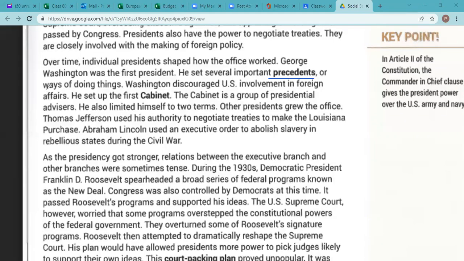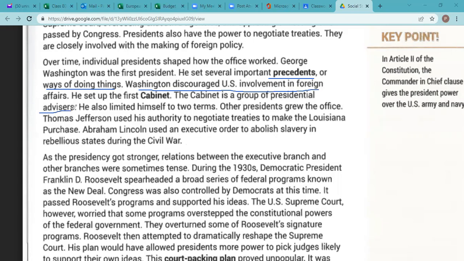And what that means is ways of doing things. So Washington discouraged U.S. involvement in foreign affairs, for one thing. Okay, so what that basically means is that he wanted the U.S. to try to stay out of other people's business.